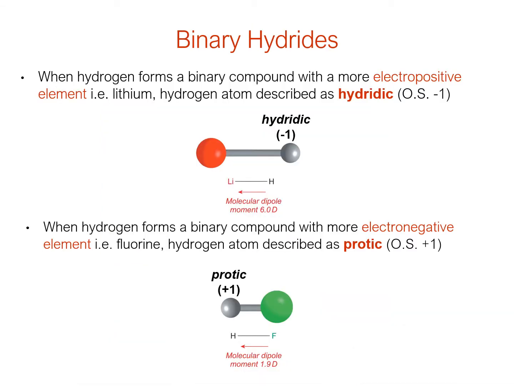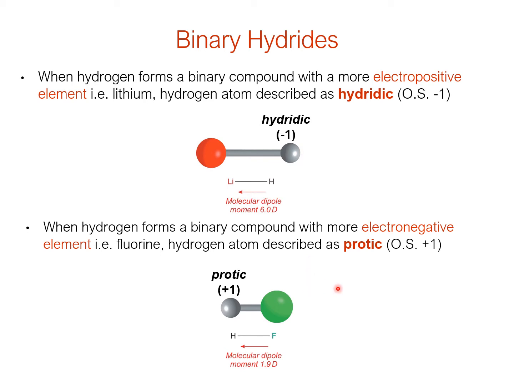So when hydrogen forms these binary hydrides, you can have two different types of hydrides depending on the oxidation state of the hydrogen atom. So if it forms a binary compound with a more electropositive element, so this will generally be the elements on the left hand side, the s block, it's called a hydridic hydride, and this is because the hydrogen is in the -1 oxidation state.